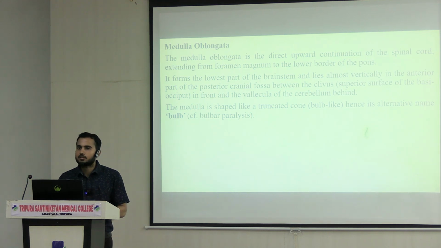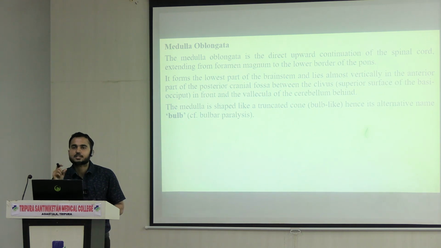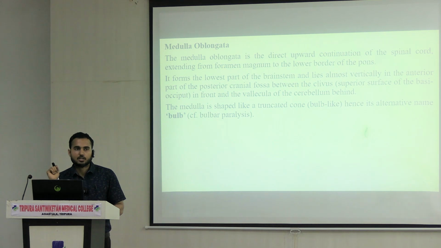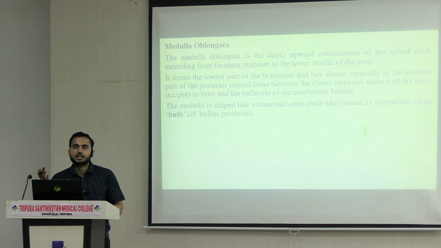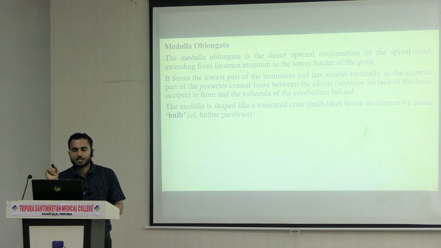So in case of medulla also it will be the same, but if you have to see the specific part of the cerebellum, then it will be the vallecula of the cerebellum. Cerebellum is not yet discussed, so I am not going into the vallecula of the cerebellum. Please keep that in mind that medulla posteriorly is related to the vallecula of the cerebellum.